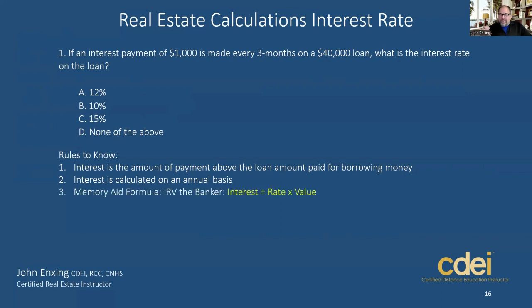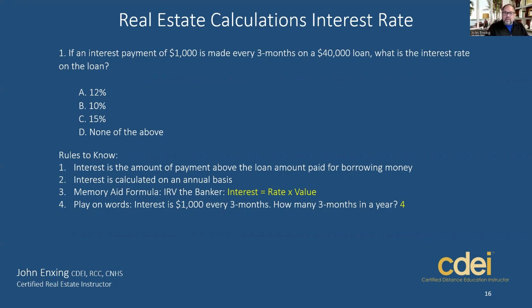Remember IRV the banker: interest equals rate times value. Now, here's the play on words. If you go back to the problem, it says the interest is $1,000, but it's every 3 months. That's how much interest is being paid. So instead of jumping into IRV the banker using $1,000 for the interest and $40,000 for the loan, you have to calculate an annual interest.